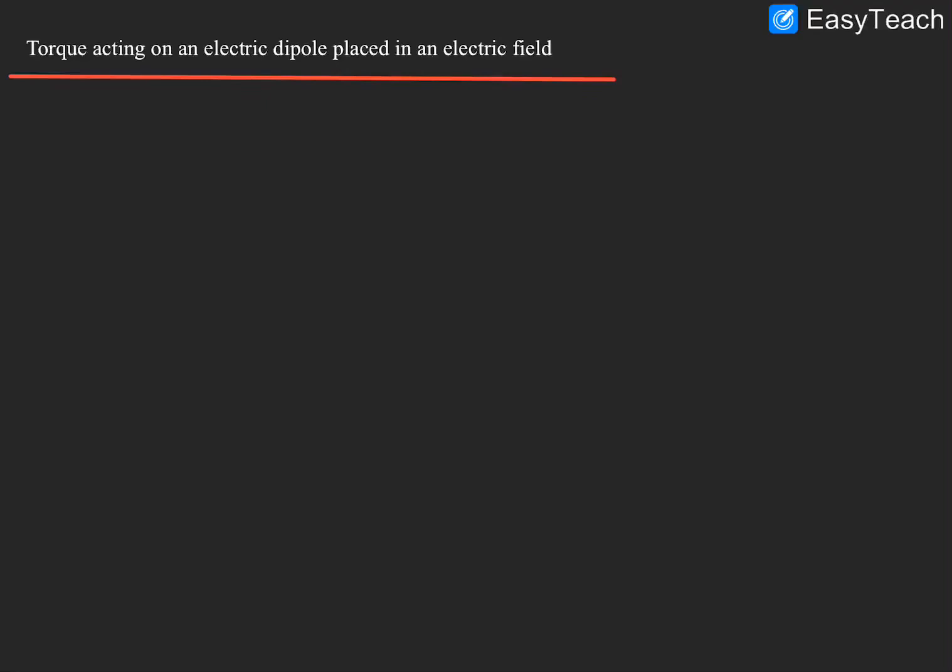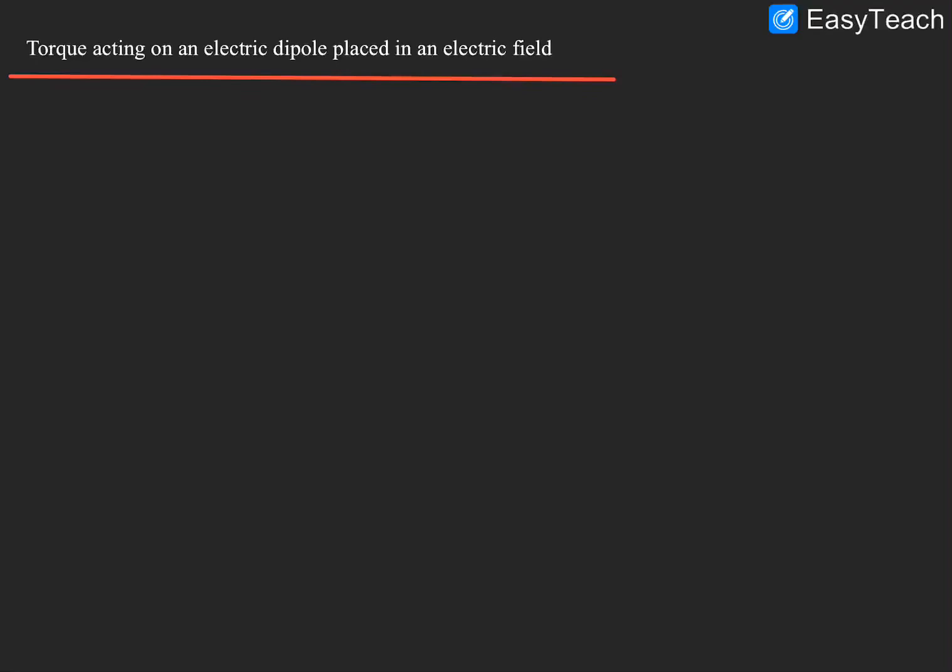In this case, the electric field can be of two types. The first one is the uniform electric field, and the second one is the non-uniform electric field. Uniform electric field means the electric field intensity has the same magnitude throughout space. At every point, if you check, the intensity will be the same.